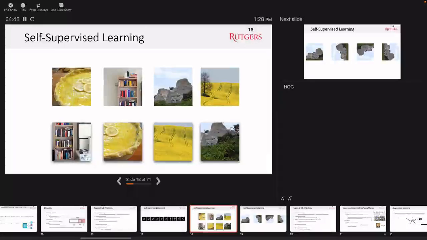When the computer is slicing it, it knows exactly which sub-images come from the same large image, so it has the label. And then you can train a model to recognize which pairs of images are coming from the same large image. So this is also another example of self-supervised learning. And it turns out that this kind of algorithm actually works very well.